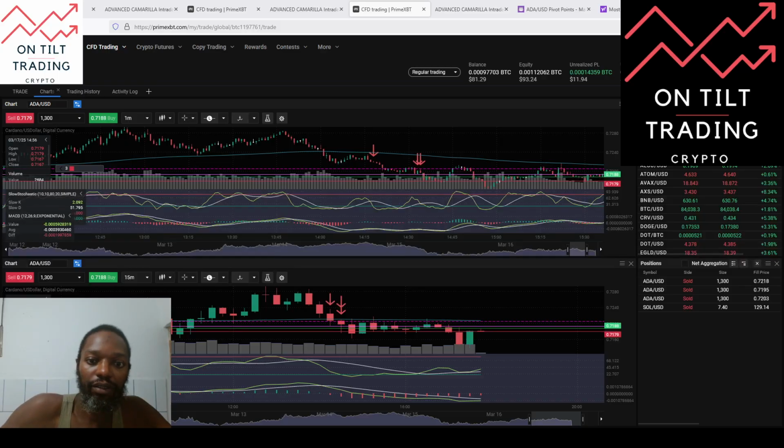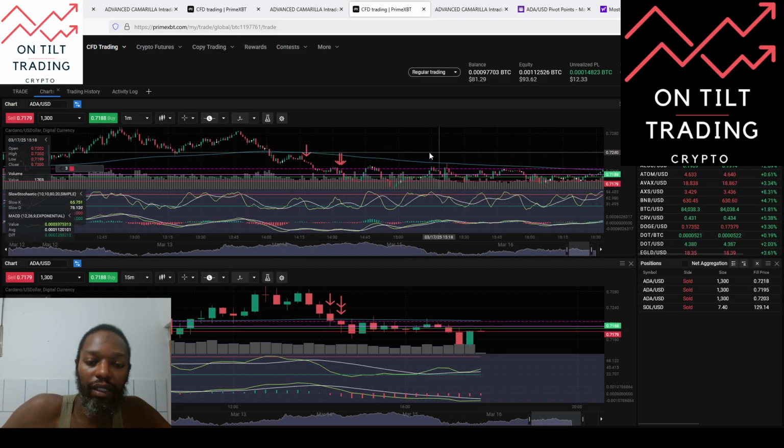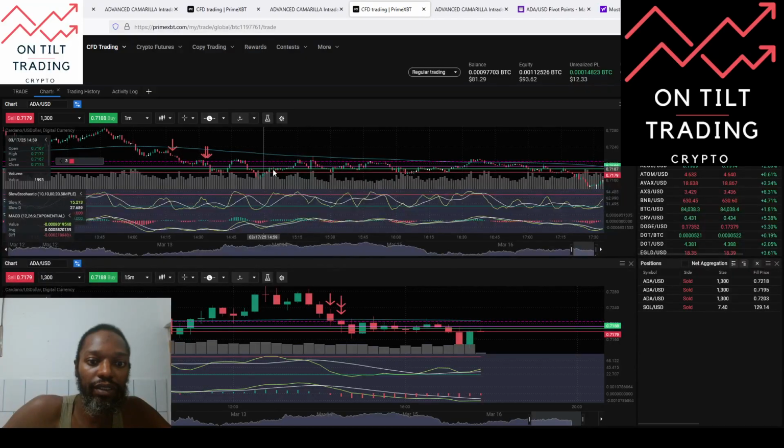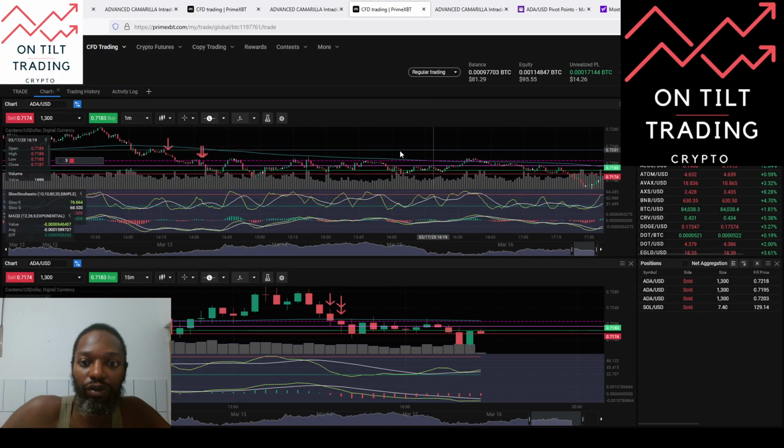Now we'll come in here a little more on the 1 minute chart, and you can see there's quite a bit of consolidation in this area, but we were never able to get back above the 200 EMA for a while.